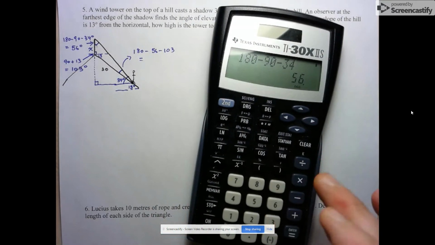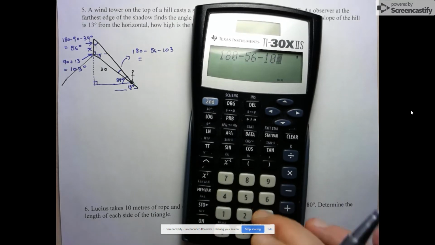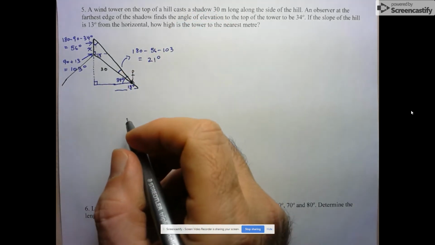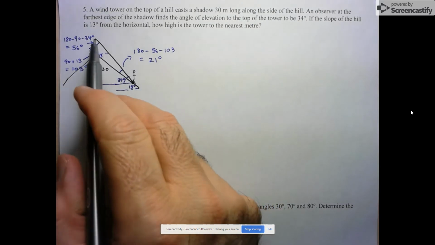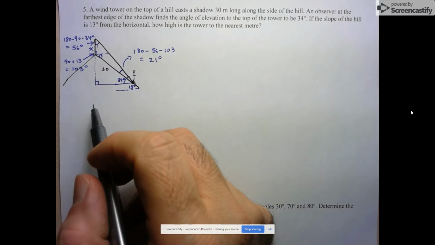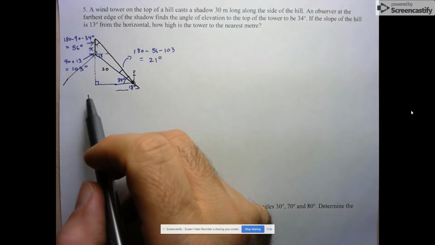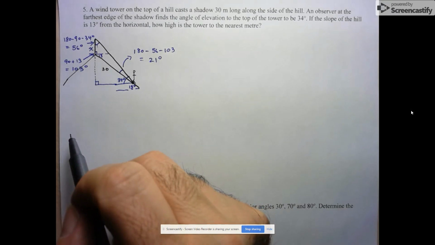And so that angle there is 180 minus 56 minus 103, equal to 21 degrees. All right. So we're going to see that the actual math in this question is going to be pretty straightforward. It's just applying the sine law one time. What was difficult about this problem was getting the diagram and labeling all the important parts of this diagram. So let's now go to doing the math.